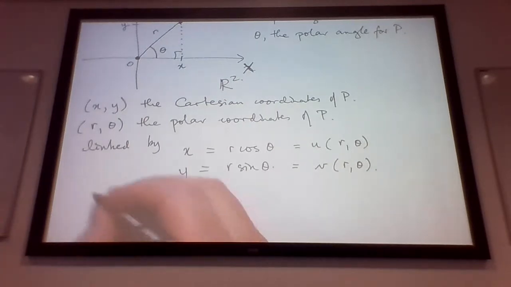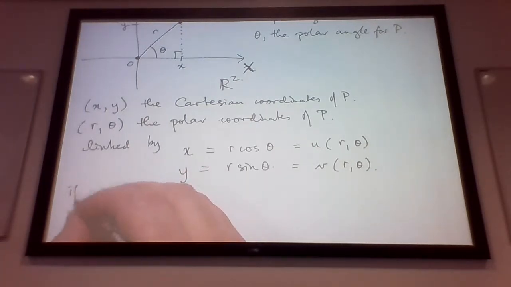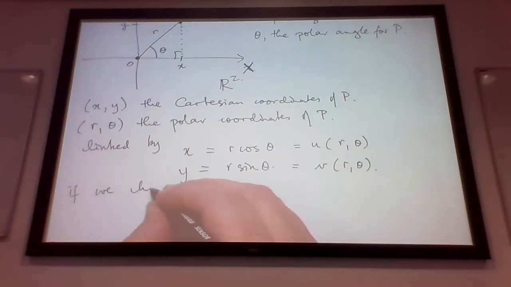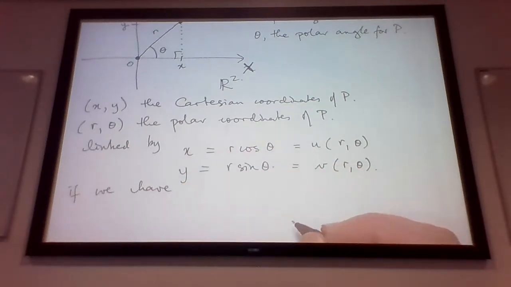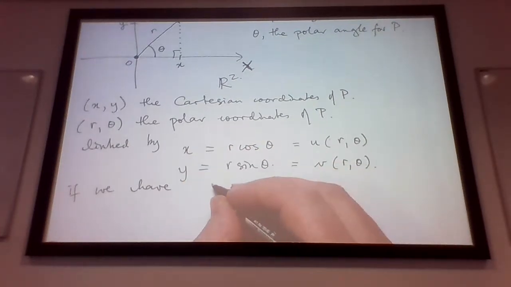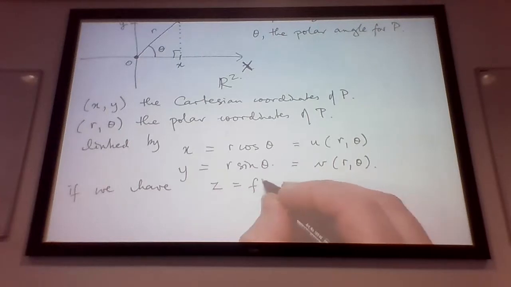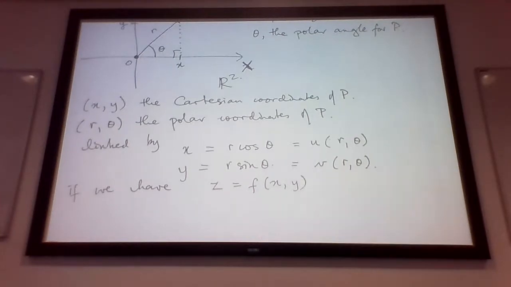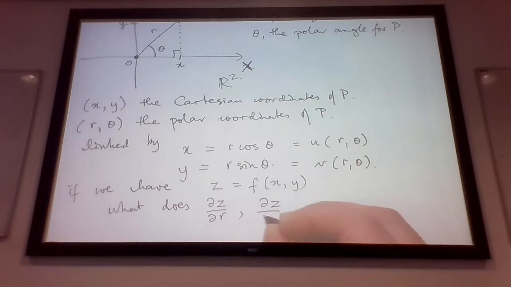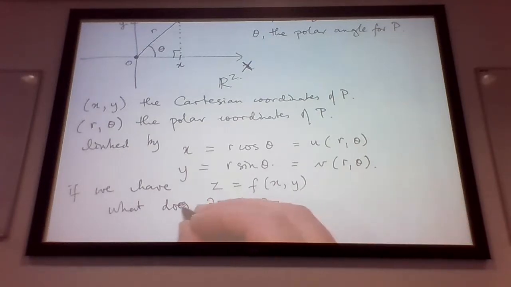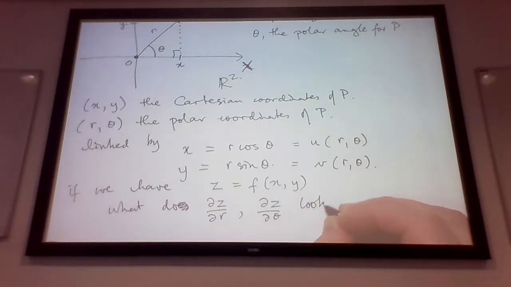So the question now becomes, if we have some quantity, I won't call it y, we'll call it z, which is given as a function of x and y, what do the partial derivatives dz/dr and dz/d theta look like?